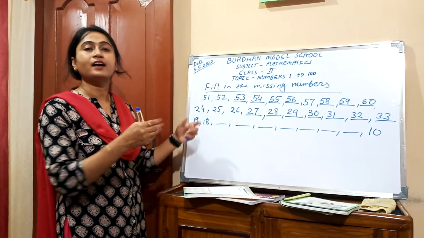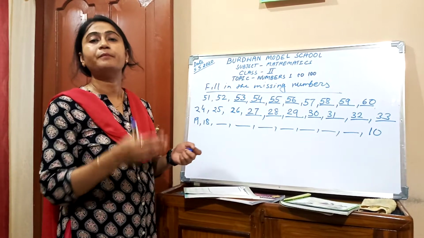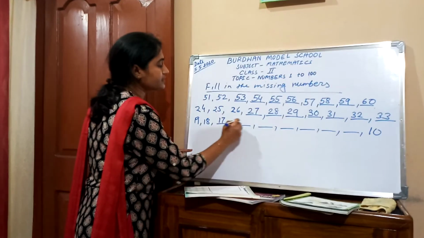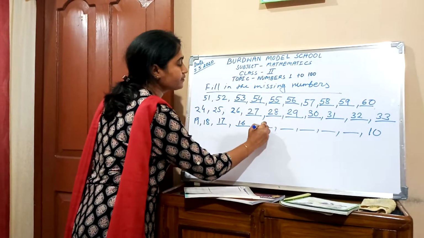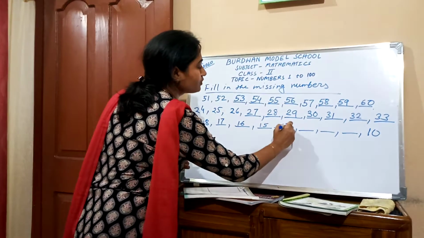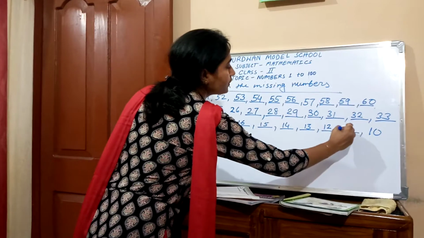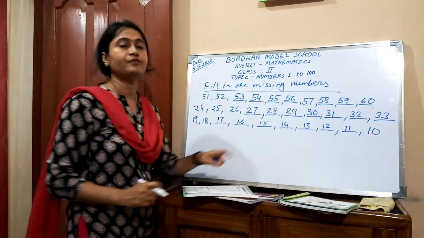It is back counting. You have to count backwards. 19, 18, 18 before 17, 17 before 16, 16 before 15, 15 before 14, 14 before 13, 13 before 12, 12 before 11, 11 before 10.